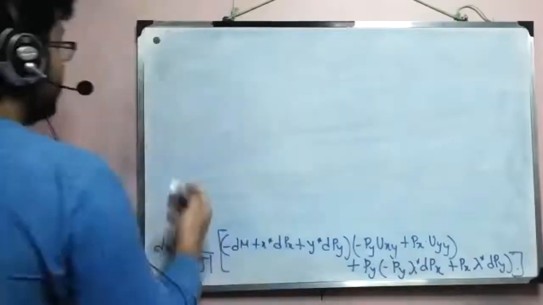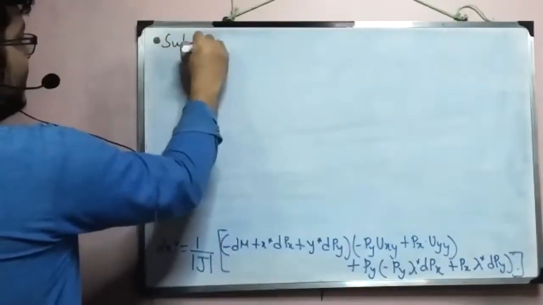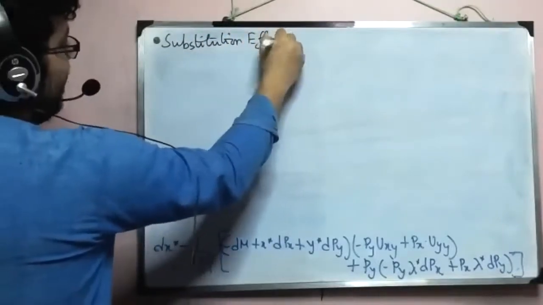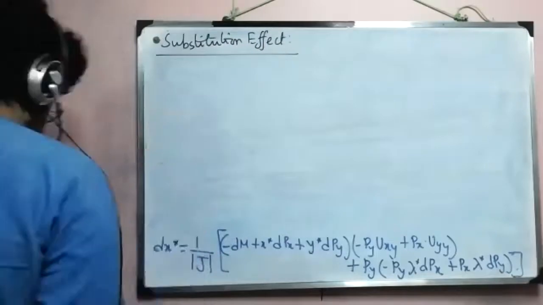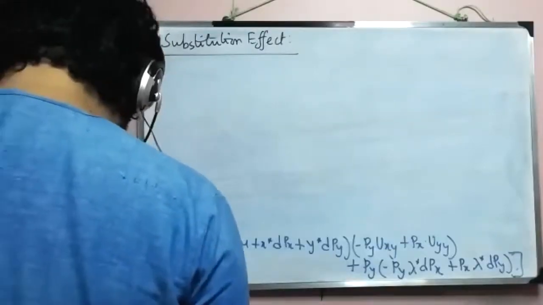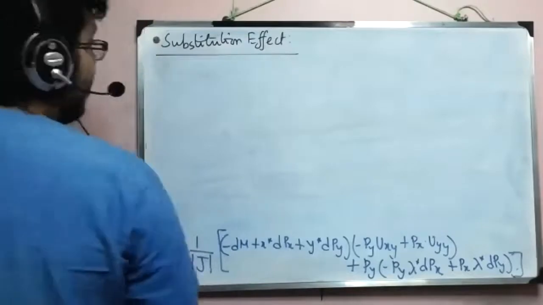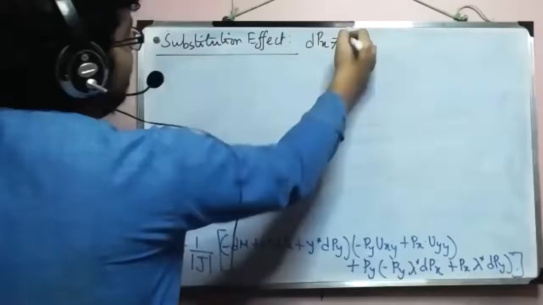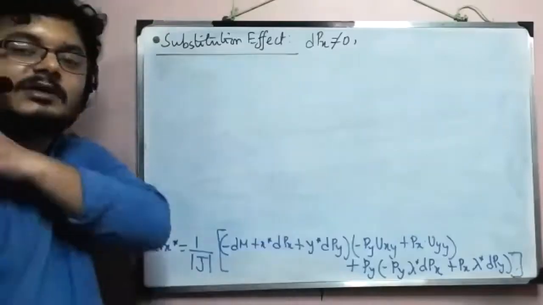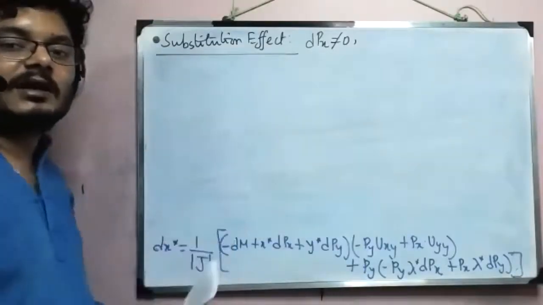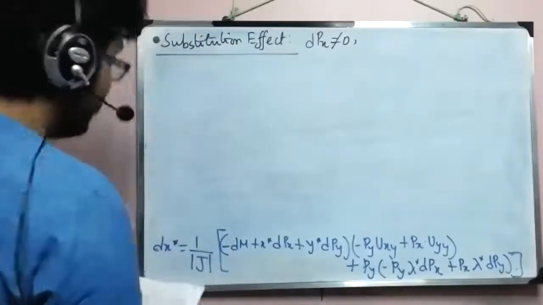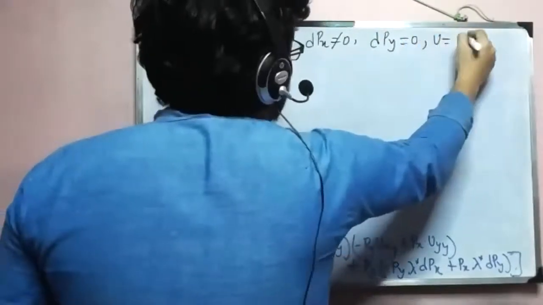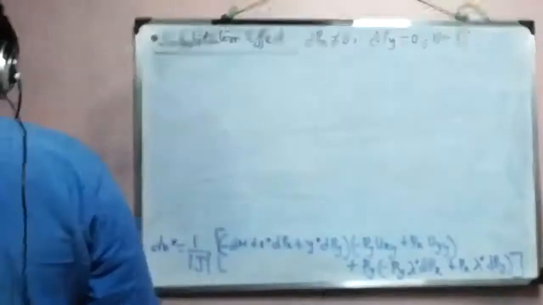So what does substitution effect say? It says that the price of only good x changed here. So we have dpx not equal to 0. Because of that, the consumer is allowed only to substitute between x and y, staying on the same indifference curve. So dpy equal to 0. Also we have u equal to u bar on the same indifference curve.